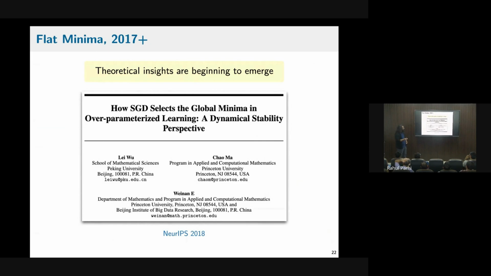And in particular, what's interesting is this was the first paper to really characterize that if I end up in a stable solution, which will correspond to a flat solution, this actually tells me properties about the regularity of the function realized by the neural network. So this is the perspective and the work that motivated the stuff that we were doing that I'll talk about shortly.